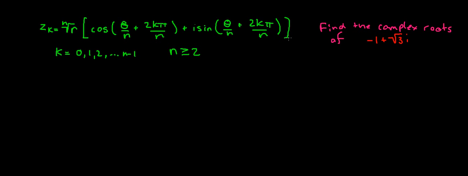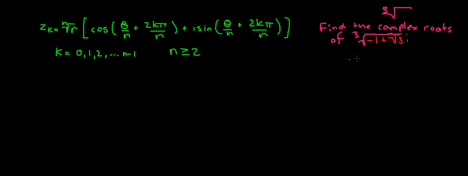Find the complex roots of minus 1 plus the square root of 3. And I meant to put the cube root here. That's what I meant. So I want to find the cube root of this. So what are its complex roots?